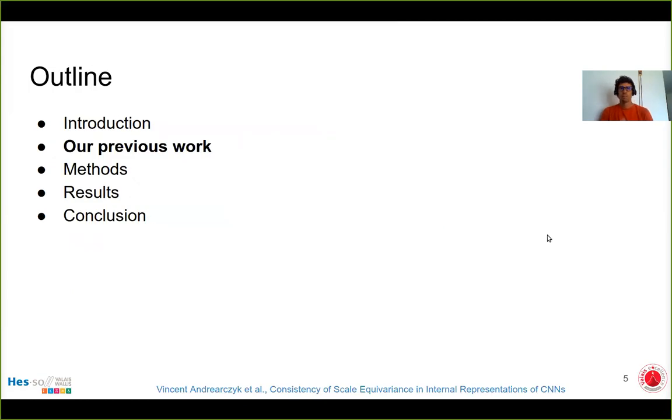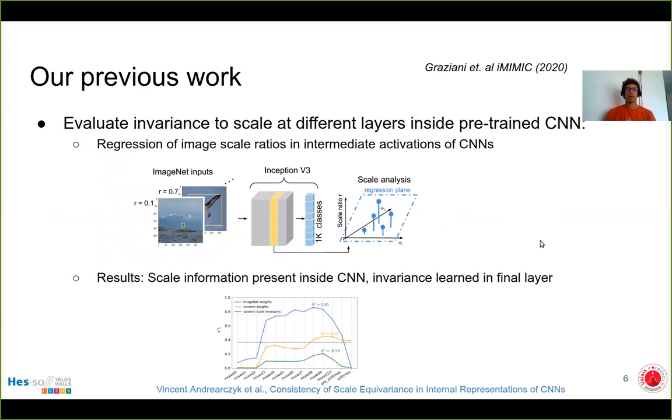I will now briefly present our previous work. In a recent paper that we will present at iMIMIC 2020 at MICCAI, we evaluated the invariance to scale at different layers inside pre-trained CNNs. For that, we used a regression of image scale ratios in intermediate activations of the CNNs. As shown in the figure, we have input images with associated scale ratios.